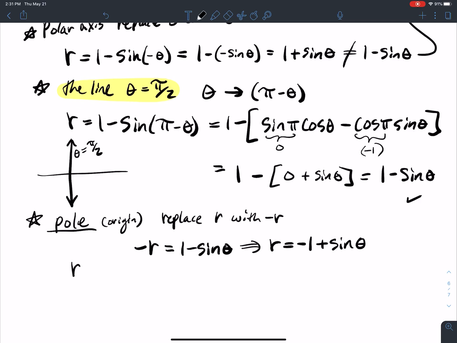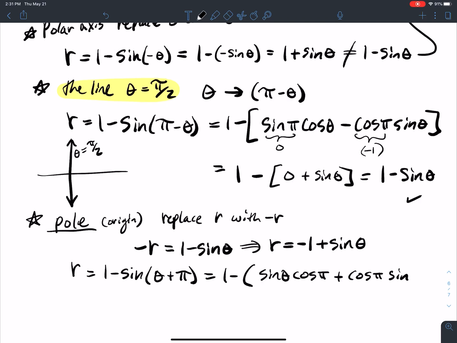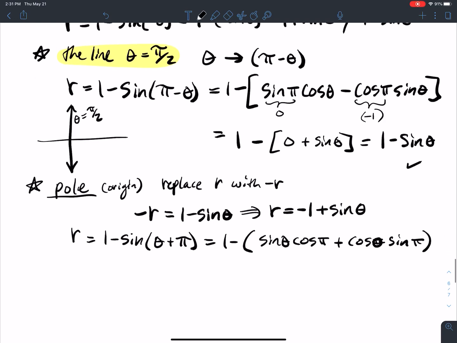So r equals 1 minus sine of theta plus pi. So this is 1 minus, sine theta cosine pi plus cosine theta sine pi. That's 0, and this is negative 1.